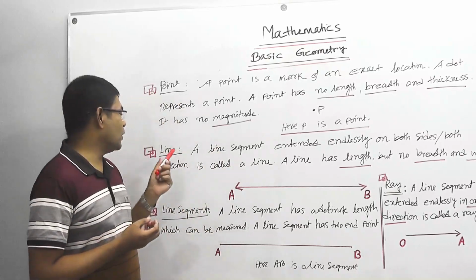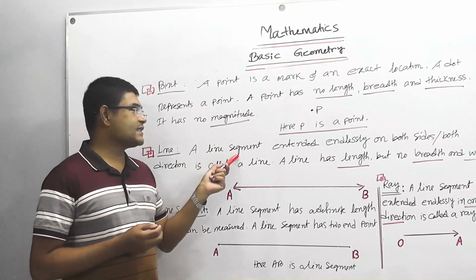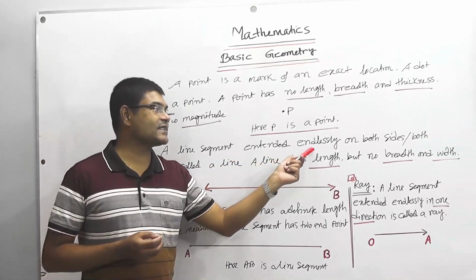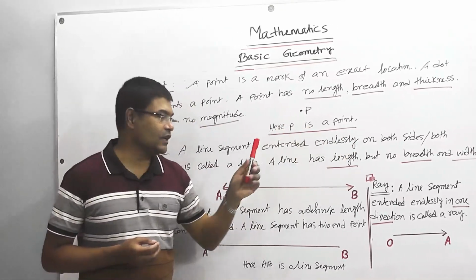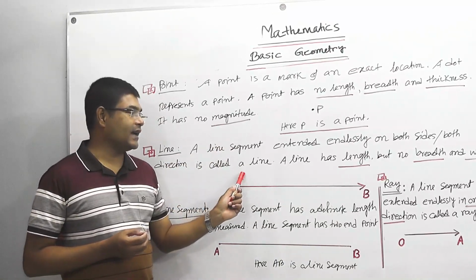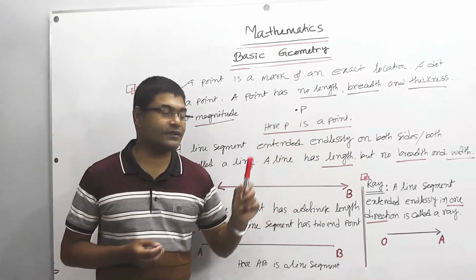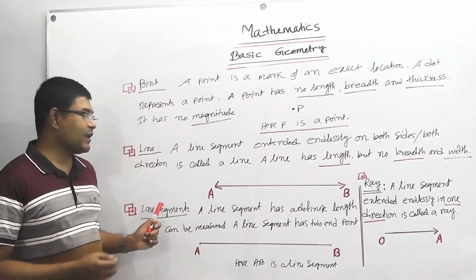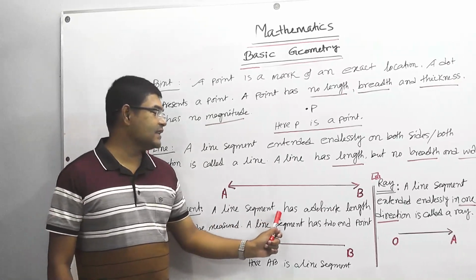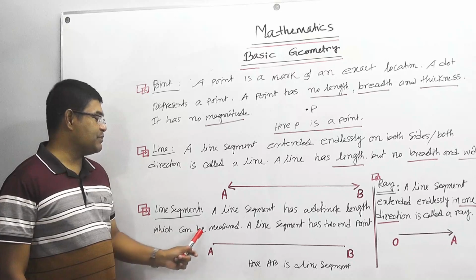Now you have to know the definition of a line. A line segment extended endlessly in both directions is called a line. A line has length but no breadth or width. A line segment has a definite length which can be measured.